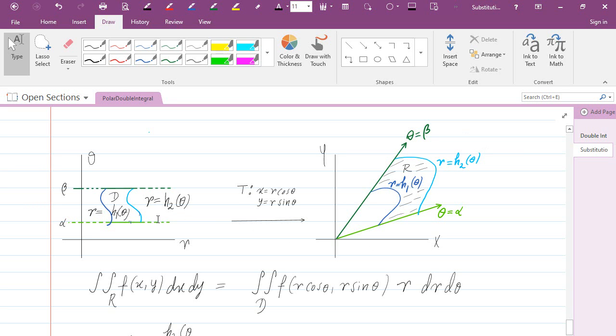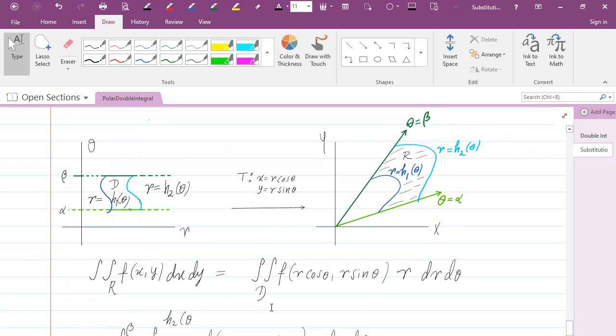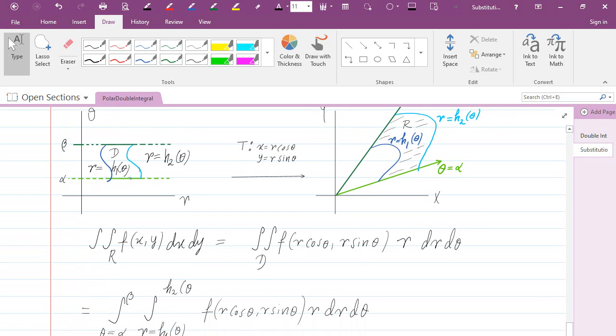And so if we are integrating f of x y over R, and we are making this polar substitution, that is, if we replace x by r cosine theta, y by r sine theta, then we have this extra factor, which is the absolute value of the Jacobian, and then the new region of integration under this substitution is D, where D is this plane region in the r theta plane, and D is a type 2 region, if you recall from the previous section.